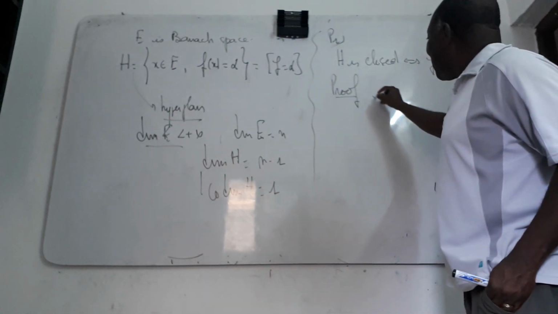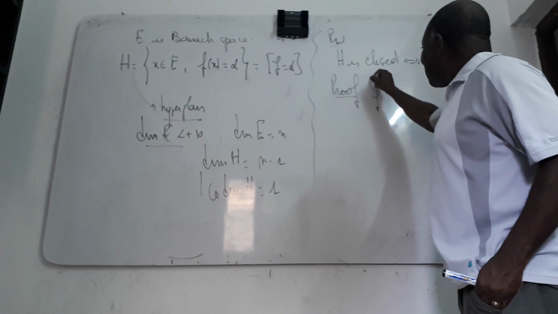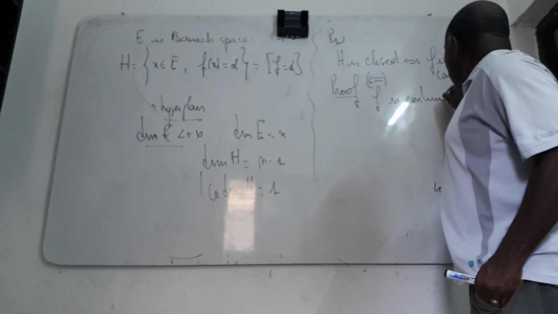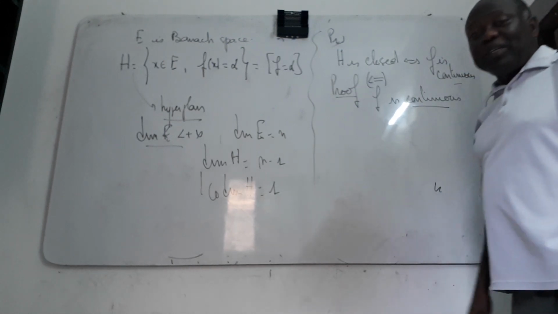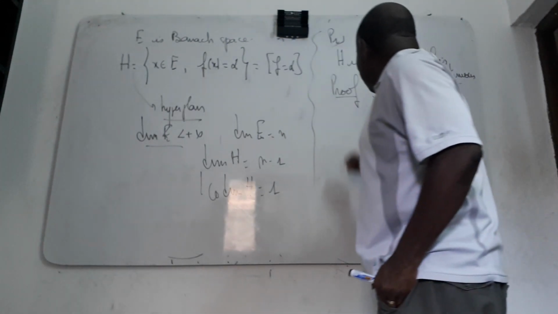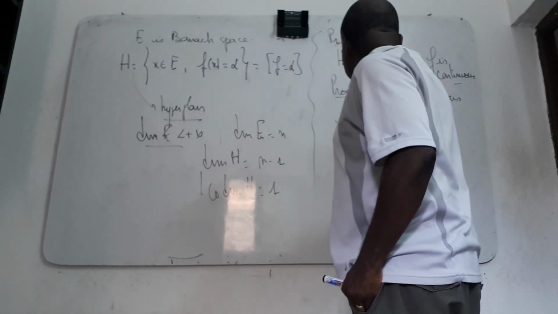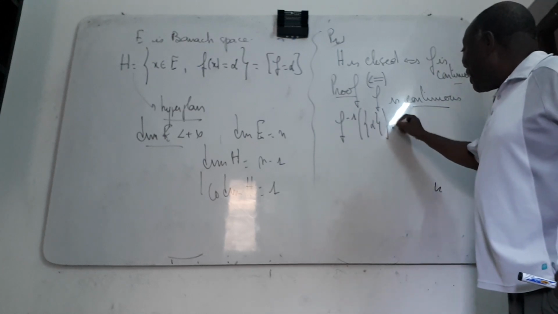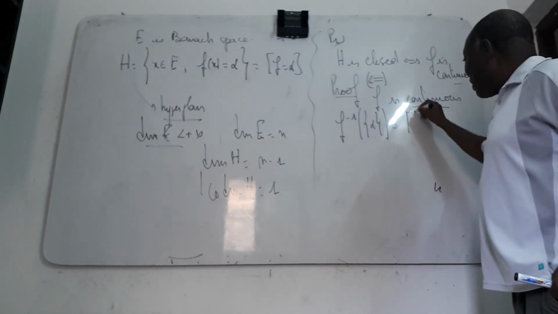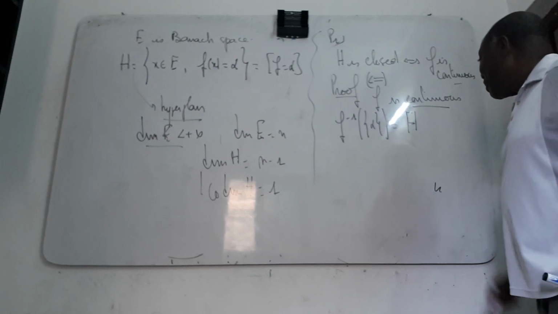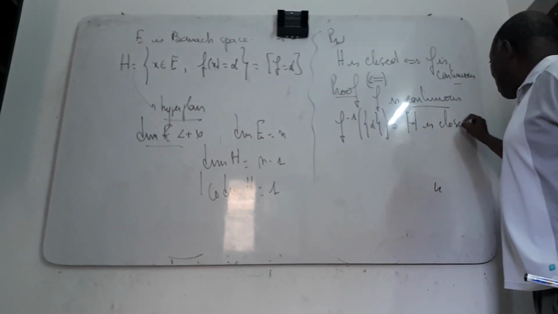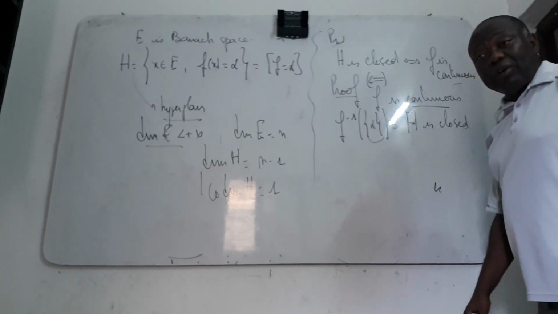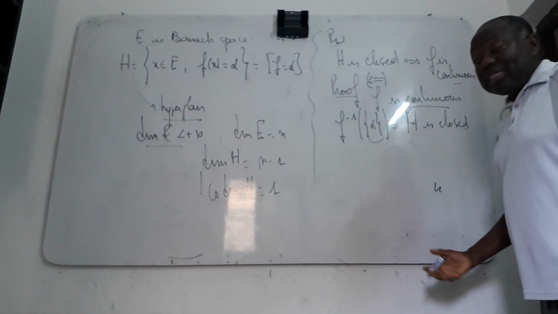We suppose that f is continuous. If f is continuous, that means that the inverse image of this singleton, which is exactly equal to H, your hyperplane, is closed, because a singleton in a Hausdorff topological space is necessarily closed.